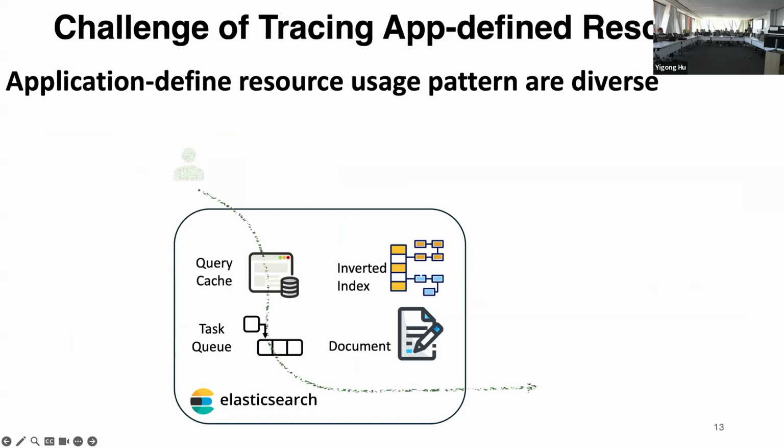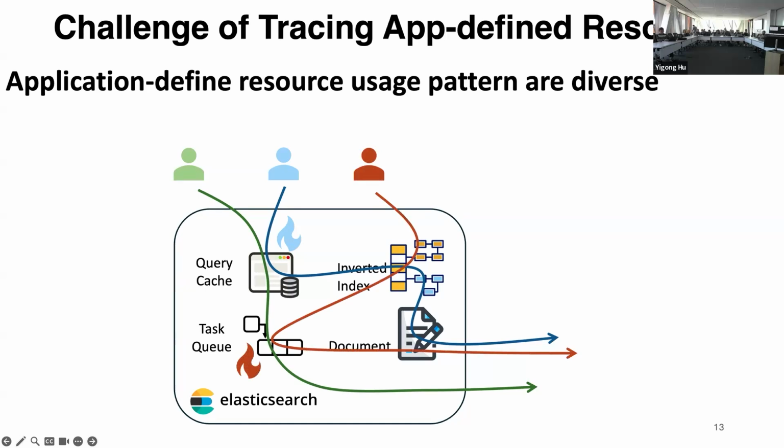Even requests can have different usage patterns. For example, if one request just uses the query cache and the task queue, and a scan query comes in, the scan query will manipulate the query cache and block all the read queries. But some other query, if it does not need the query cache, can still execute correctly.